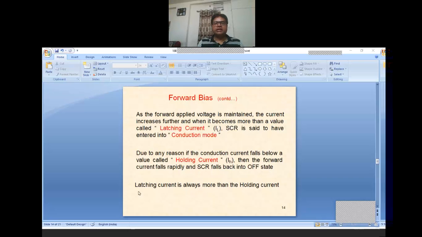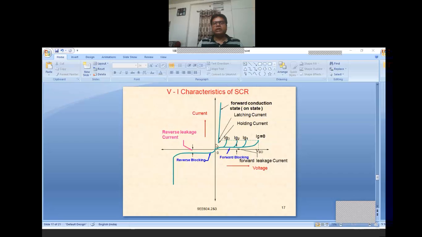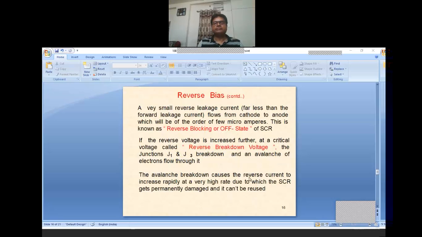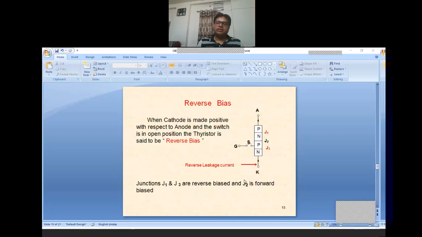And we can easily understand that latching current is always more than the holding current, or holding current is less than the latching current. And for all purposes, we can be using SCR in forward biased condition continuously. Even after the voltage is removed, you can reapply the voltage and you can reuse it.